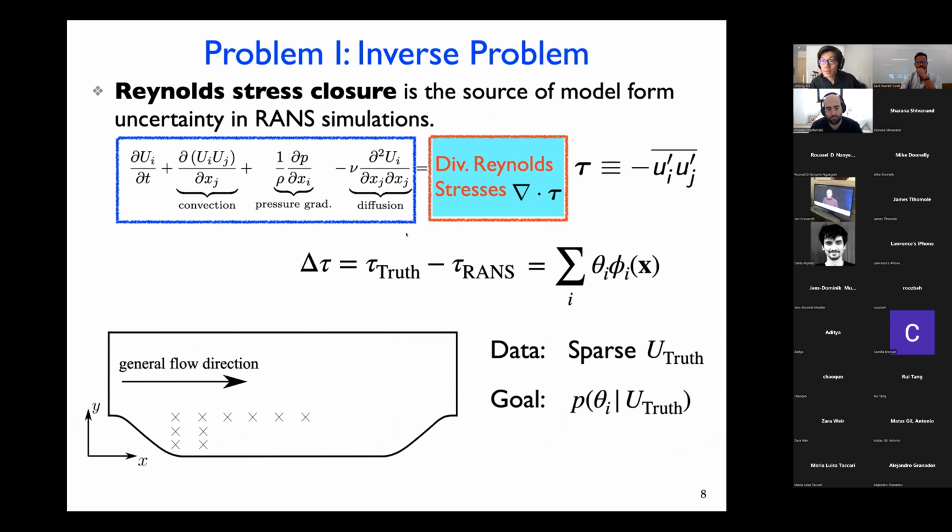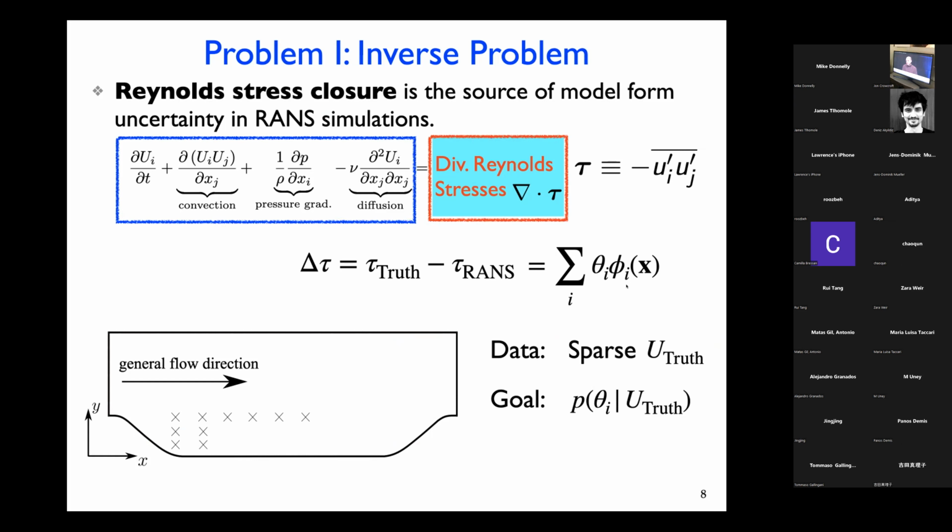So to summarize the methodology part, we try to parameterize this Reynolds stress discrepancy term by using the linear combination of basis functions we get from the physics-informed prior of delta tau, and the unknowns become the parameters that help us get the reconstruction of delta tau.